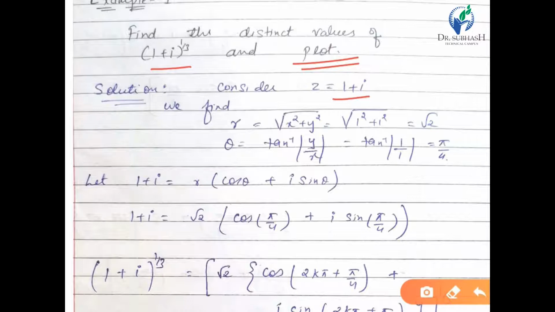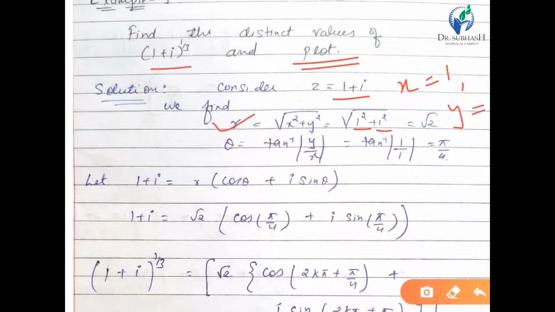First, we find r and theta. We have already learned this in the basics of complex numbers; in my previous videos, I have discussed it. r equal to under root of x square plus y square, which is 1 square plus 1 square. We know that the real part is x equal to 1 and the imaginary part is y equal to 1.